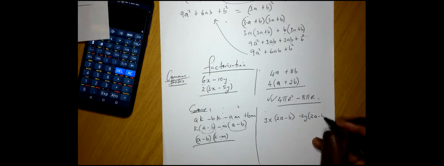Now let's see what else you can have. You are given something like 3x(2a minus b) minus 2y(2a minus b). You can see that 2a minus b is common to both, so you factor it out, and you're left with 3x minus 2y.